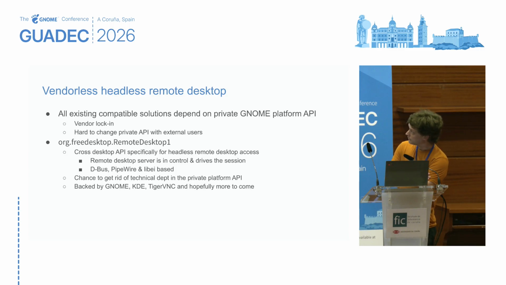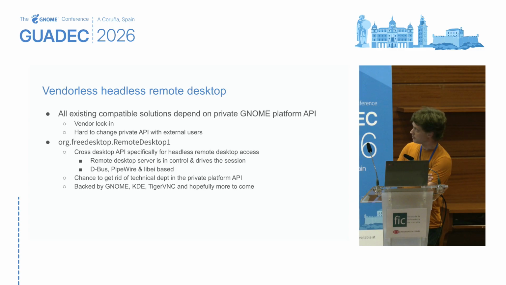So that's why one of the current focus areas is introducing a specification to XDG specs, which is called org.freedesktop.RemoteDesktop1, which is a cross-desktop D-Bus API that specifically is designed for headless remote, headless and in the future hybrid.